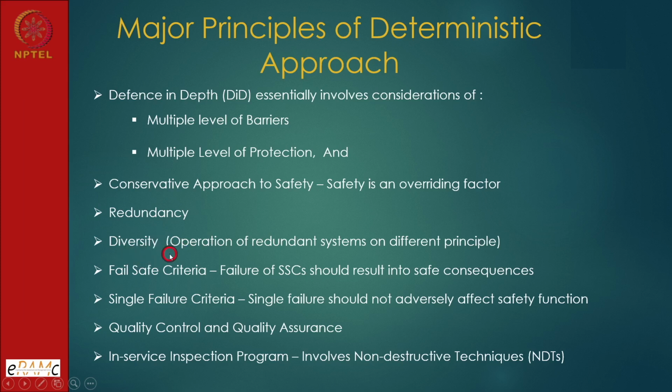So, diversity. If I have to actuate shutdown of the plant, then I have some insertion rods, called safety rods, and the clutch gets de-energized and they enter into the core, and the plant is shut down. Another principle will be to remove the moderator from the core, which was the basic reason for sustaining the chain reaction.